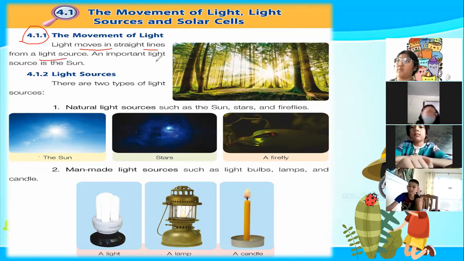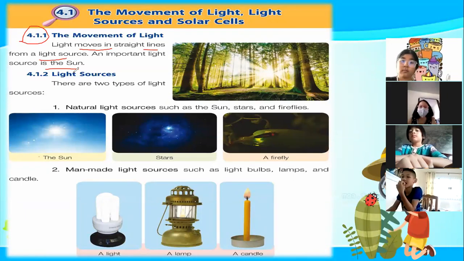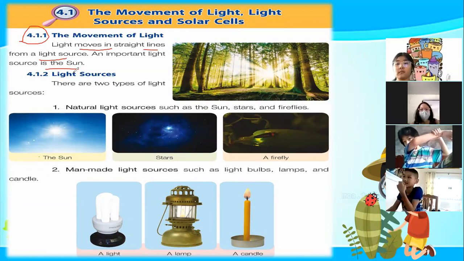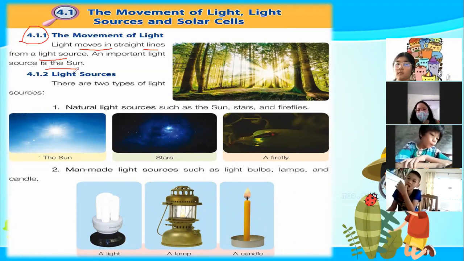The most important light source in this world is the sun. The light goes in a straight line, it won't go here or there, it just moves in a straight line from the light source.